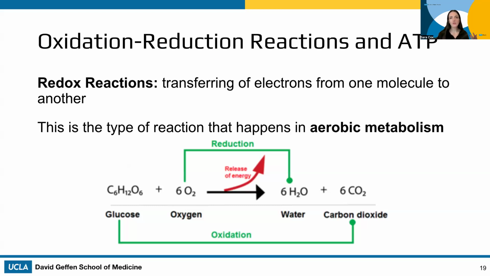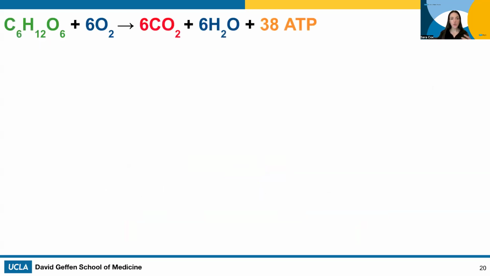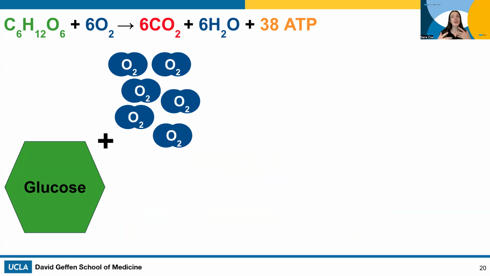Let's take a better look at this. I want you to imagine redox reactions like a seesaw. If one thing is being reduced, then something else in turn must be oxidized. So in aerobic metabolism, we have glucose and the presence of oxygen.